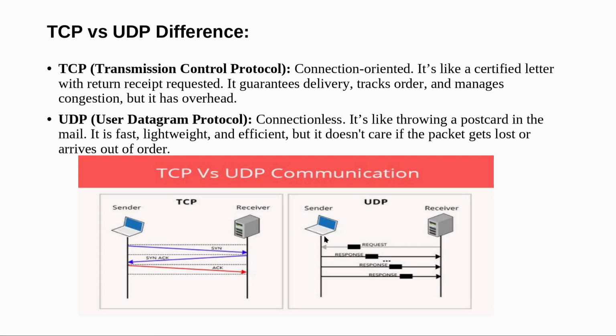But in UDP, when the receiver requests anything, the sender just responds. It sends a response and data, and that's it. It doesn't have confirmation that the message is sent correctly, in order, or is secure. So that is basically the major difference between UDP and TCP.